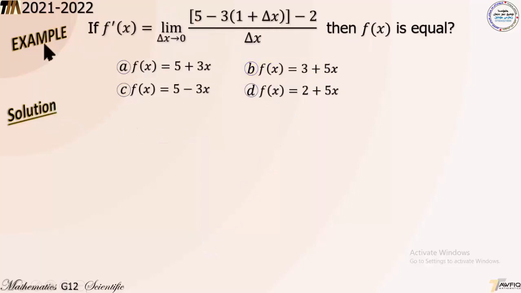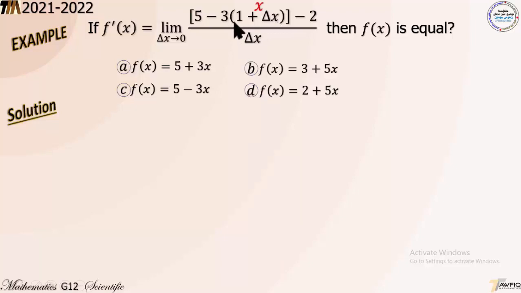Another example: if f prime of x is equal to the limit as delta x approaches 0 of 5 minus 3 times 1 plus delta x minus 2 over delta x, then f of x is equal to... As we said before, replace each number added to delta x with x.